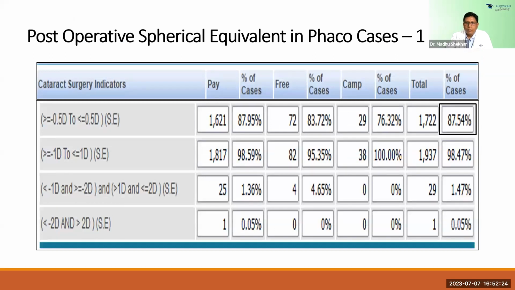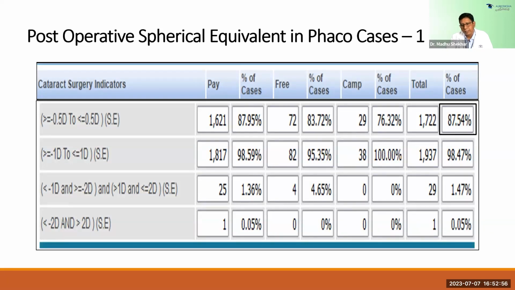As previous speakers also spoke about, spherical equivalent is also one of the guides of how accurate your biometry is. If your spherical equivalent within plus or minus 0.5 is better than 90%, it means your accuracy is good.